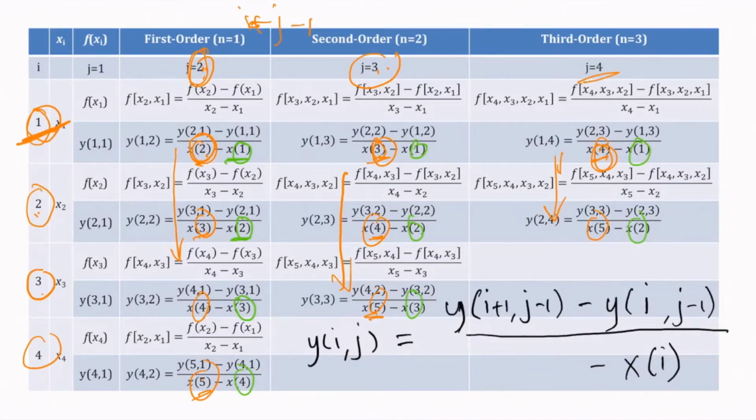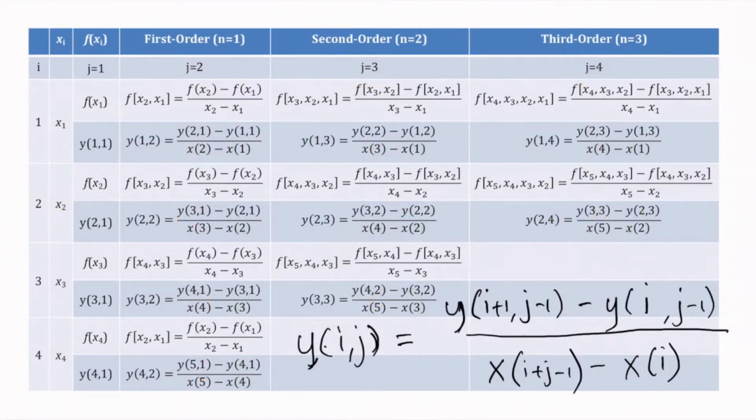So we have 1 plus 4 minus 1 is 4, and 2 plus 4 minus 1 is 5. So now we have our final index. So this will be x of i plus j minus 1, as we write there.